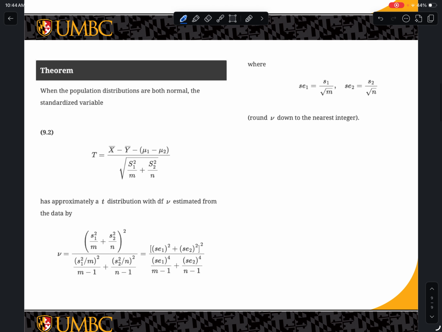All right, so let's look at this theorem here. This is just giving you a little bit of preliminary theory upon which we build our confidence intervals and hypothesis tests.